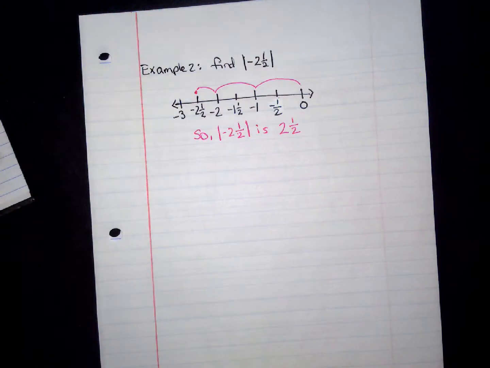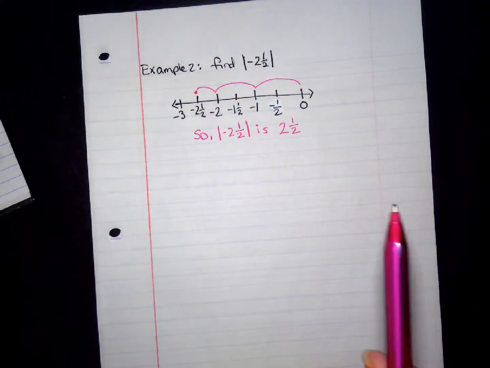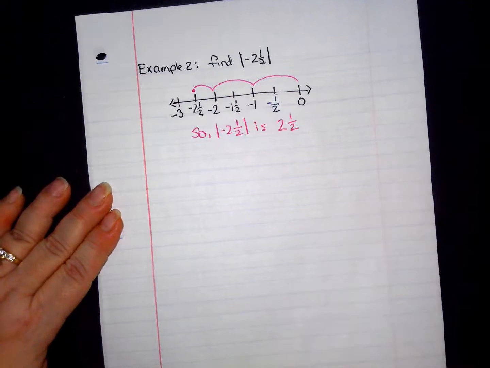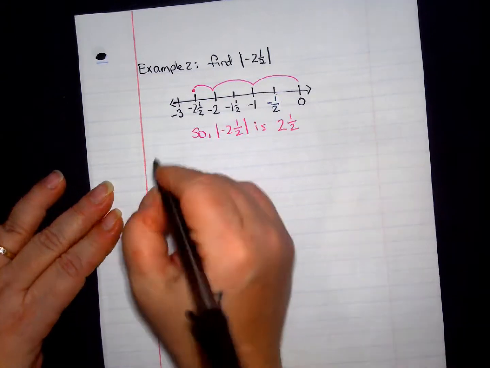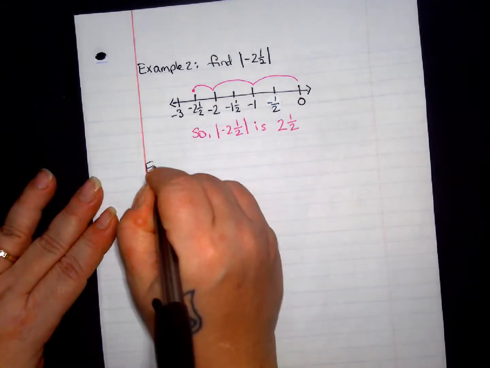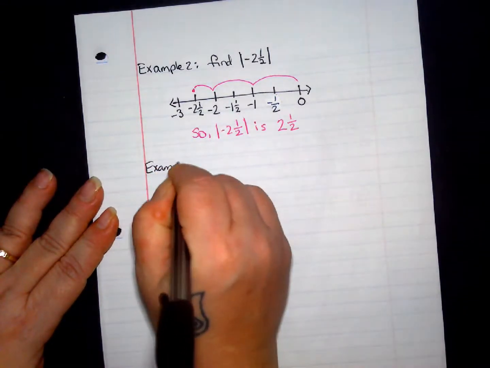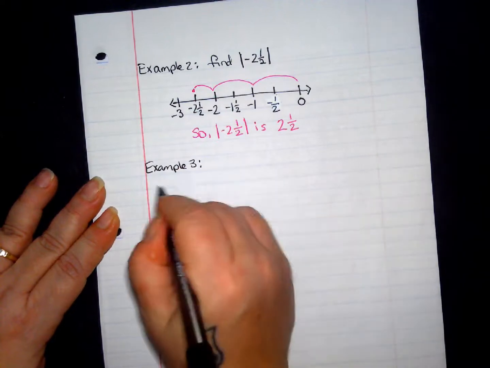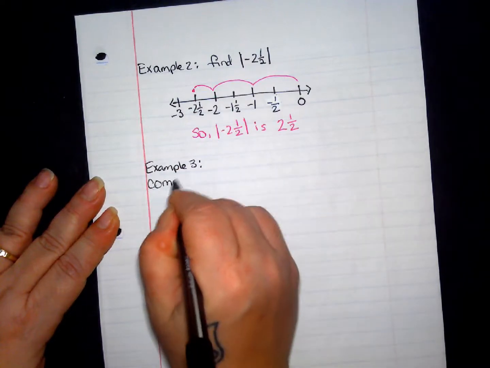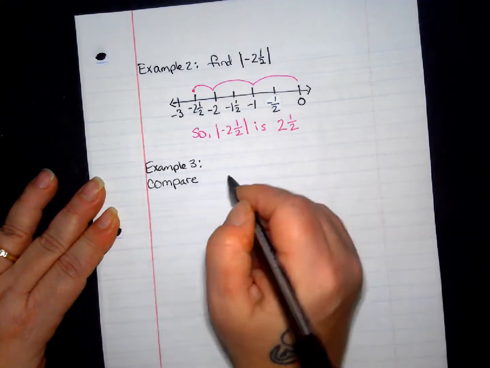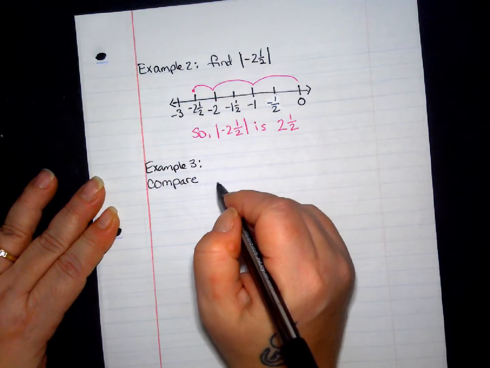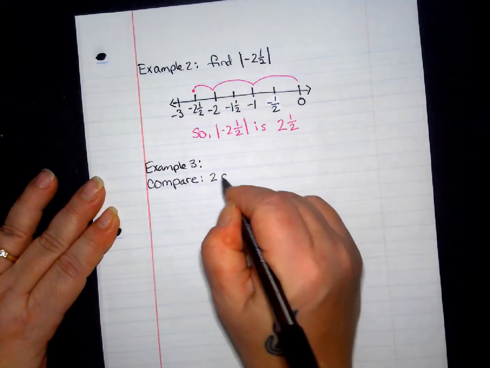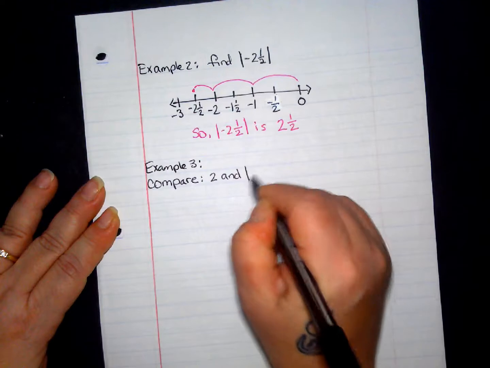All right, now we're going to compare. So example 3. Compare 2 and the absolute value of -5.